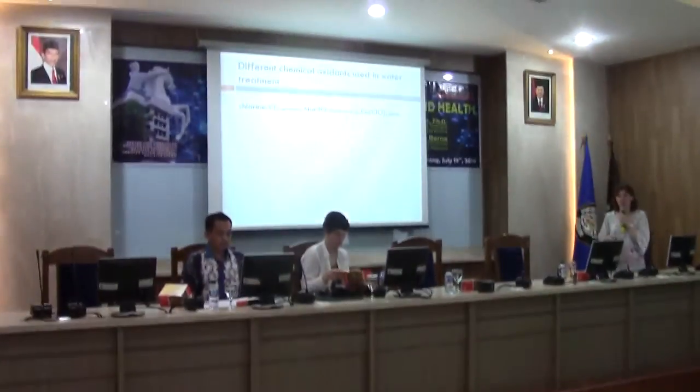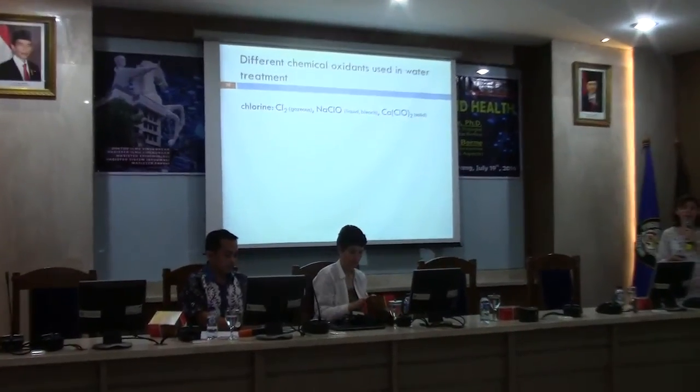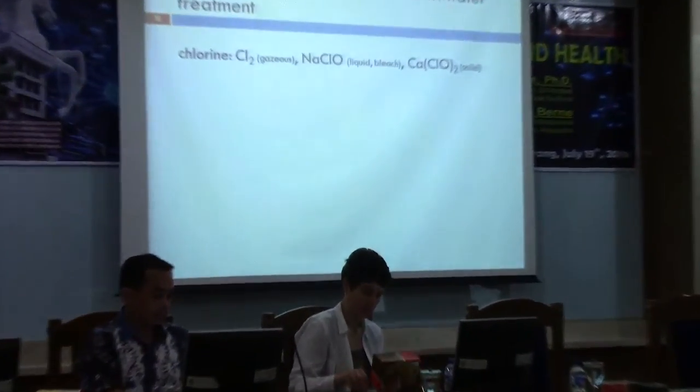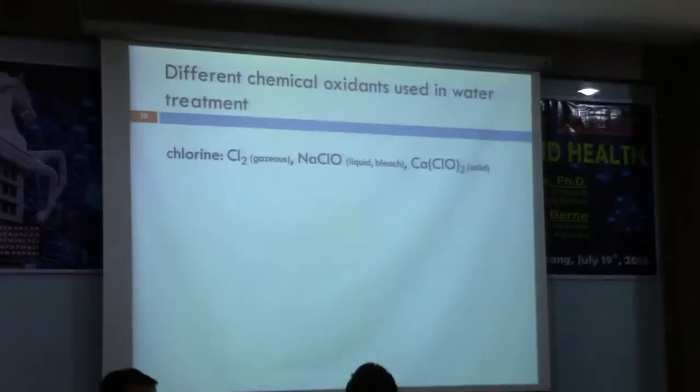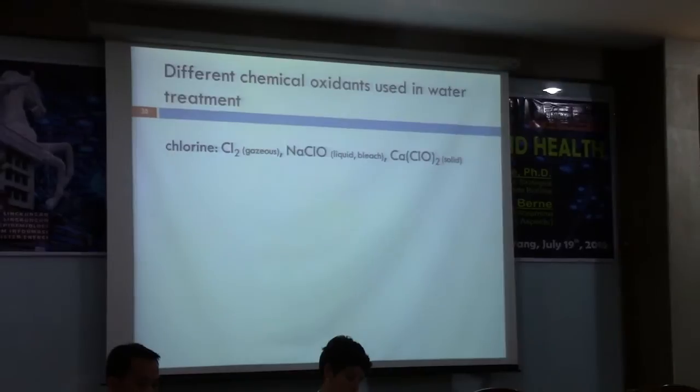So we can use chlorine in three forms: gaseous chlorine, liquid chlorine as a bleach, hypochlorite, sodium hypochlorite, and solid form, calcium hypochlorite.